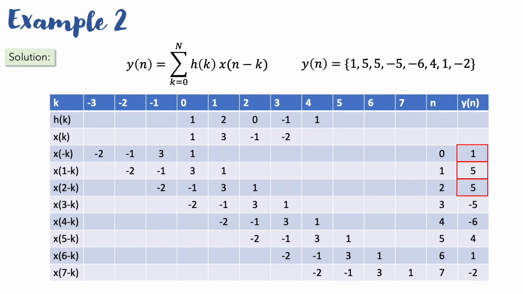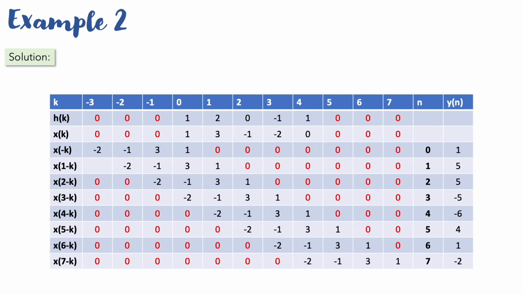And now we have to sketch them all one by one. Okay, one more thing: why do we not multiply the empty cells? Because we assume that all the empty cells are filled with zeros. You remember the concept of padding with zeros, right?